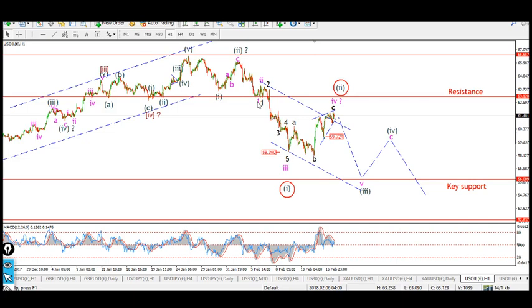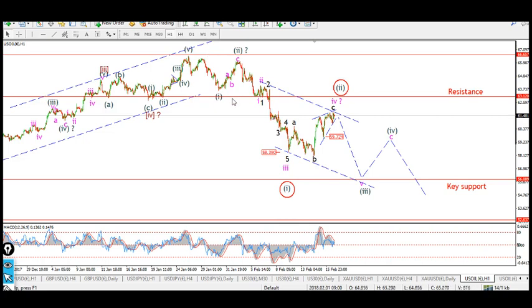So we're looking at a wave 4 in pink and a wave 2 in pink, and they don't marry very well at all in terms of their relative size to each other, which is not a rule, but it's definitely an indication that we're working on differing degrees of corrections.